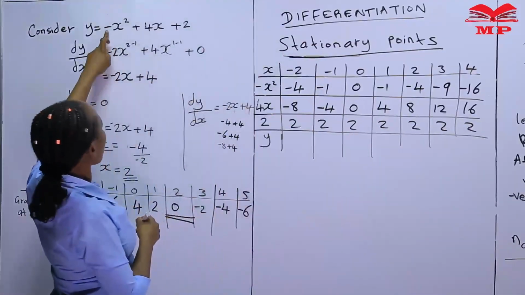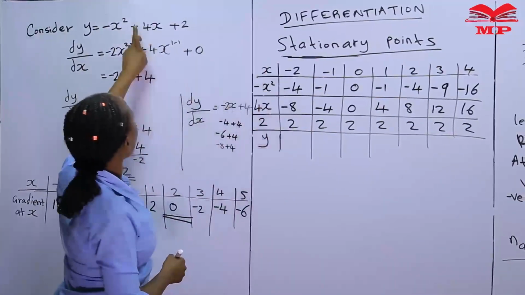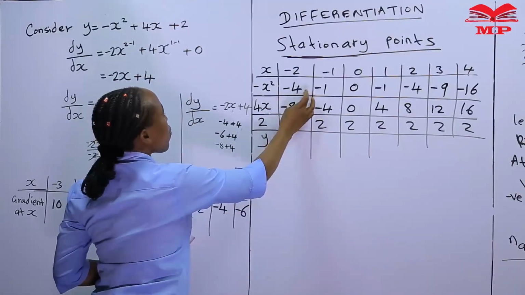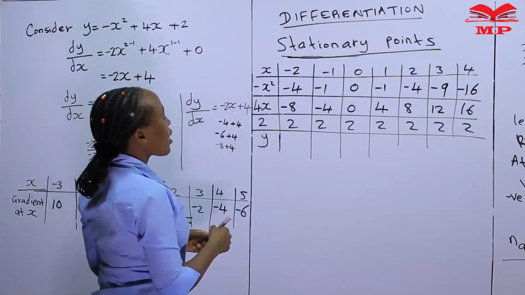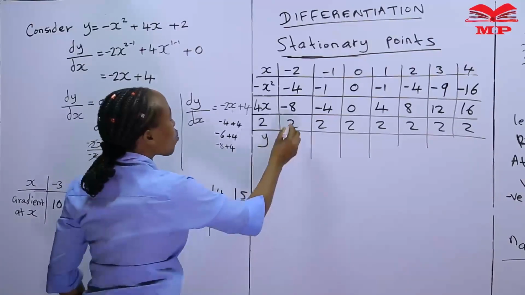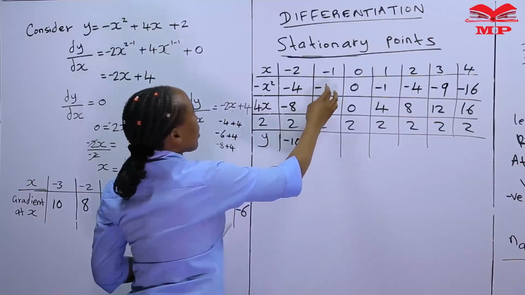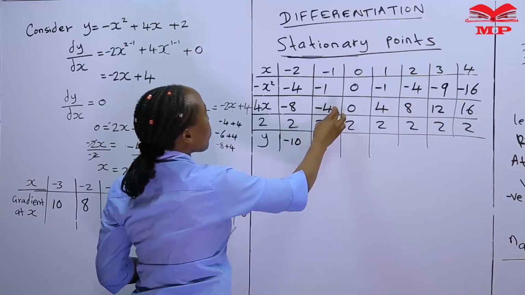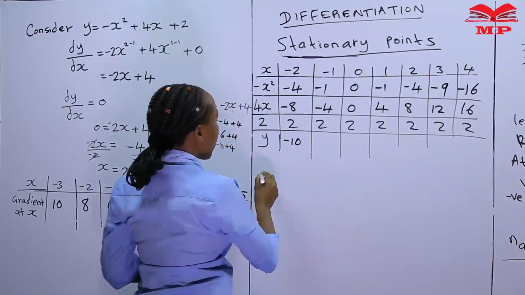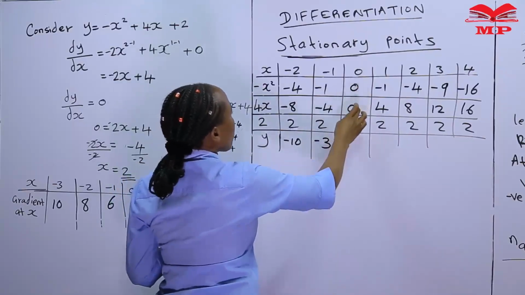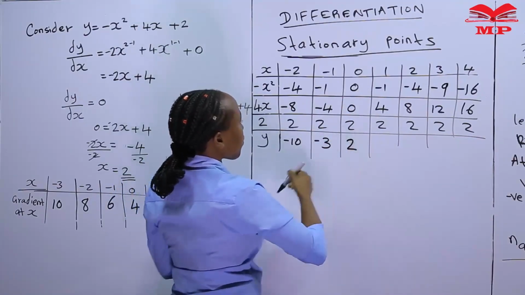So for our equation, we have this plus 2. We have negative 4 plus negative 8, that is negative 12, plus 2, we have negative 10. Negative 1 plus negative 4, we have negative 5. Negative 5 plus 2, we have negative 3. 0 plus 0 plus 2, we have 2.